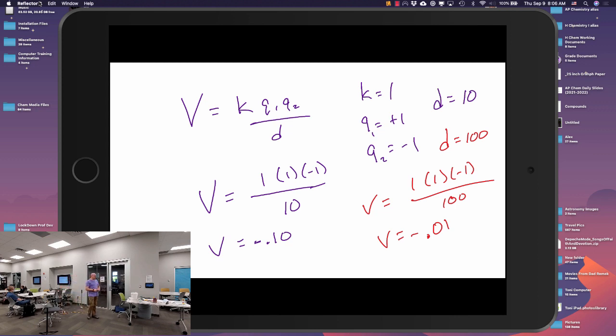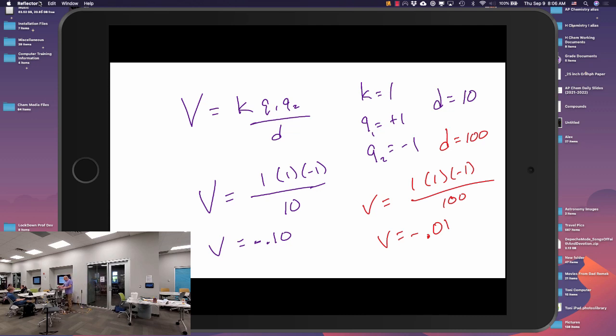What happened to the value of V? Did it go up or did it go down? Numerically, it went up. Magnitude, it went where? Down. Number line, it went where? Up. Okay?